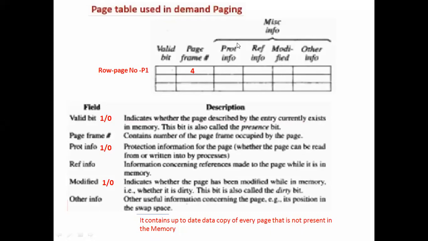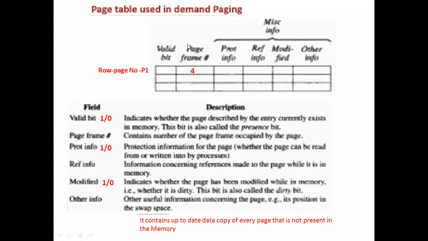So the bottom line is that we will make use of this page table having these many fields, where the combination of the protection bit, reference bit, modification bit and other information is called the miscellaneous information.